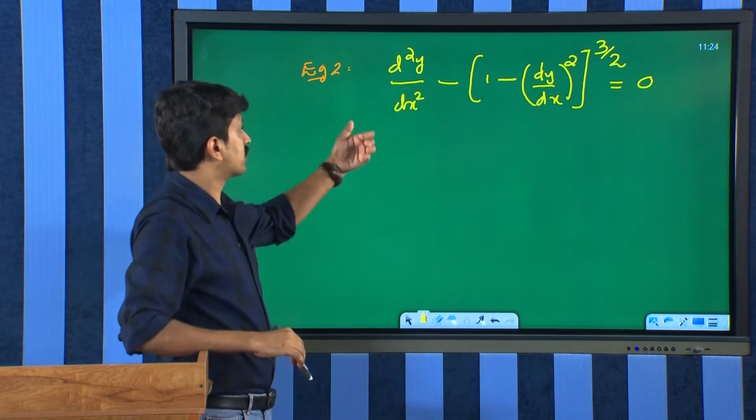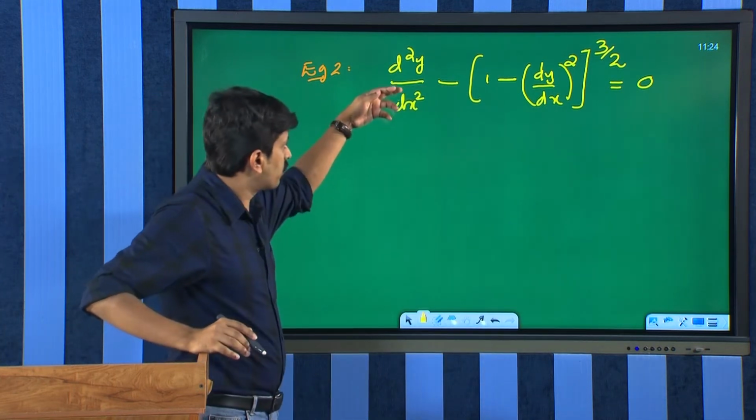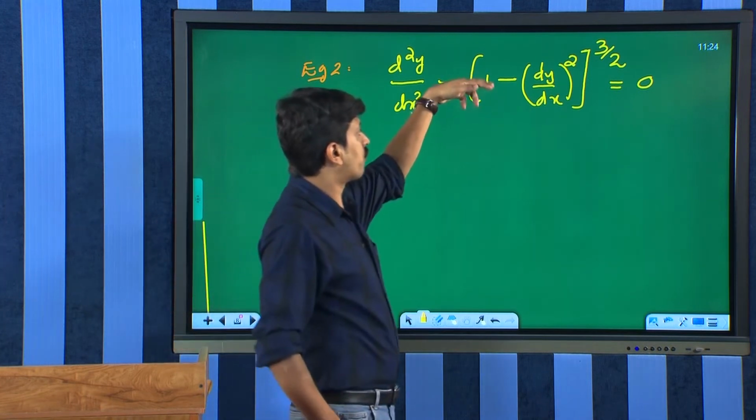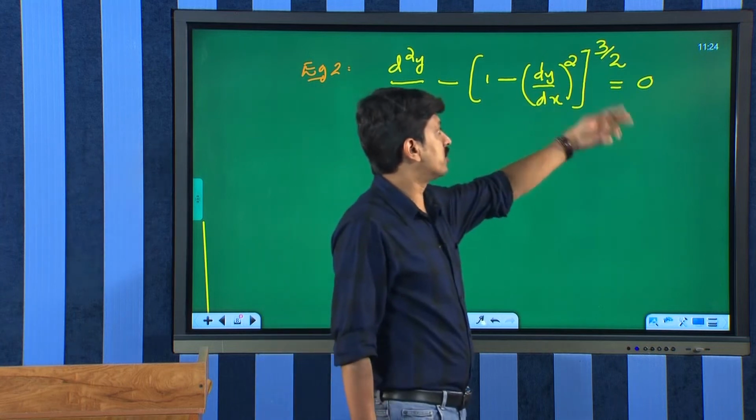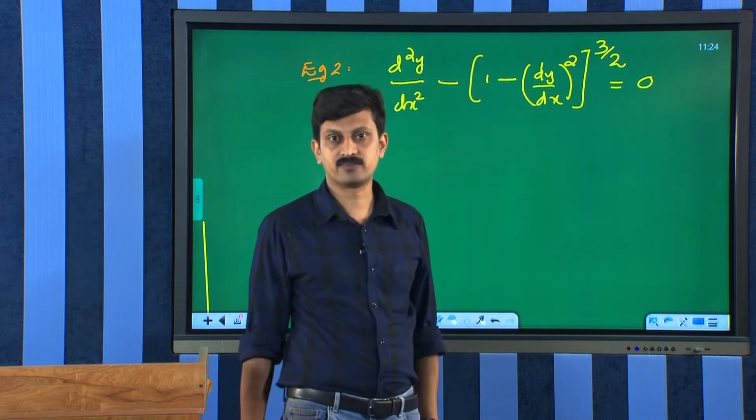So, you have the differential equation, that is d square y by dx square minus of (1 minus dy by dx whole square) whole raised to 3 by 2, which is equal to 0.